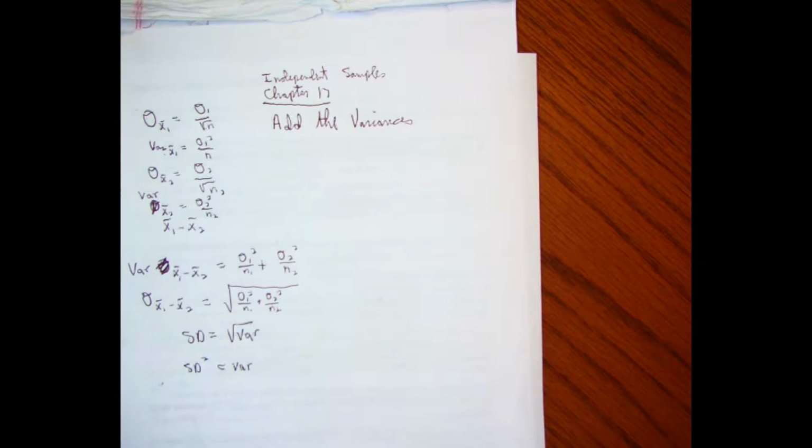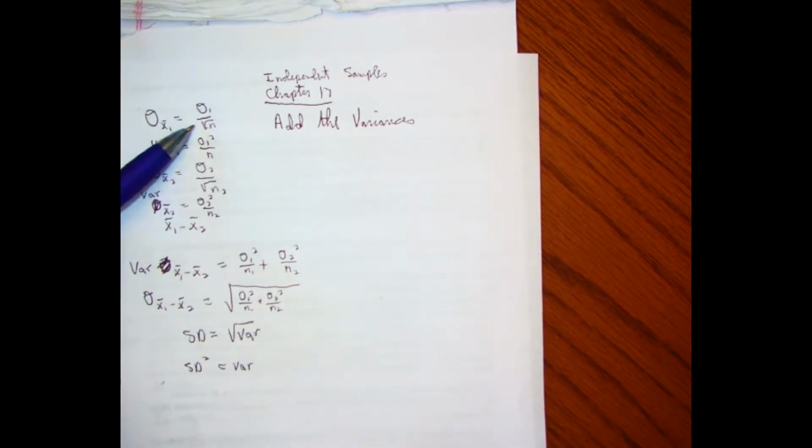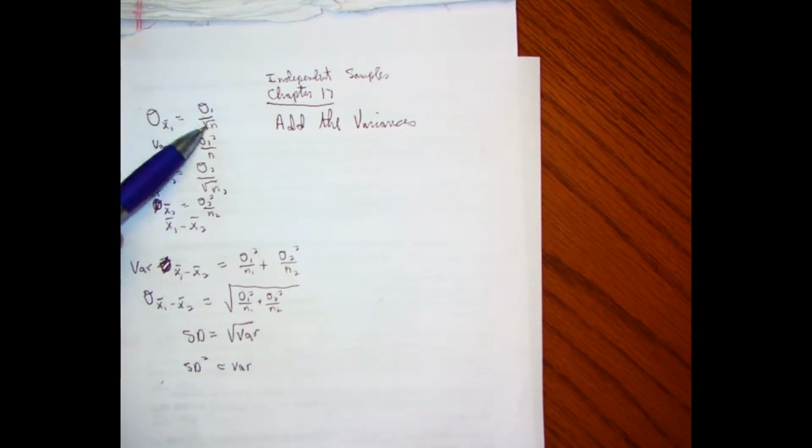That's the principle here. And you know that your standard deviation from the last chapter, when we're dealing with sampling distributions for means, is sigma over the square root of n, which converts to s over the square root of n because we never know sigma, right? That's why we're doing inference. So we're going to get a sample standard deviation. In order to get the variance, we got to square this.